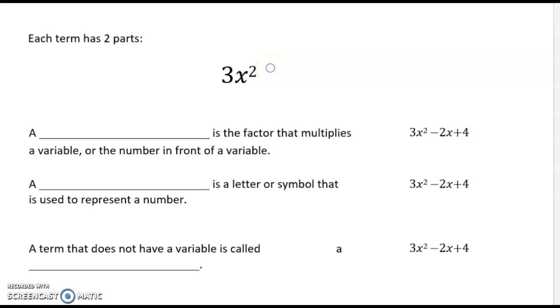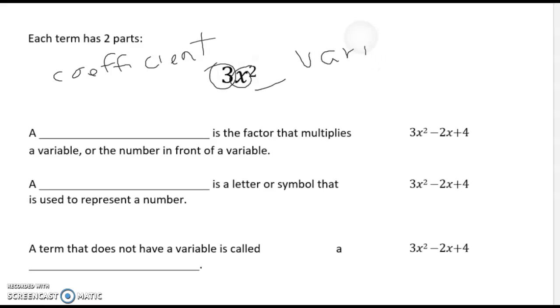So each term has two parts. The first part, this right here, is called the coefficient, and that's the number in front of the term. And then the other part is the variable. This whole thing together is called a term.